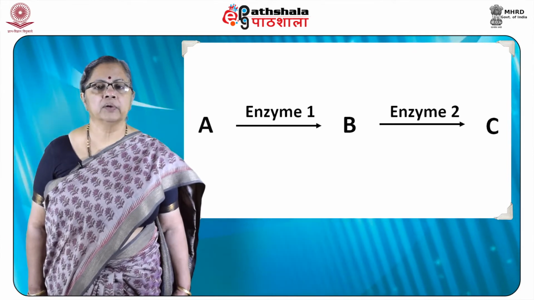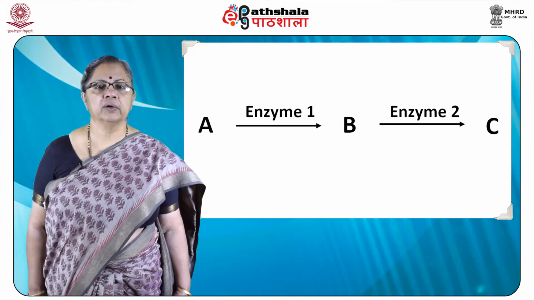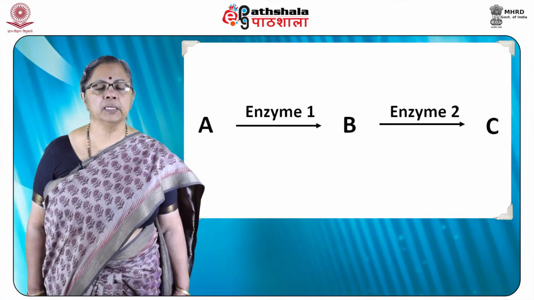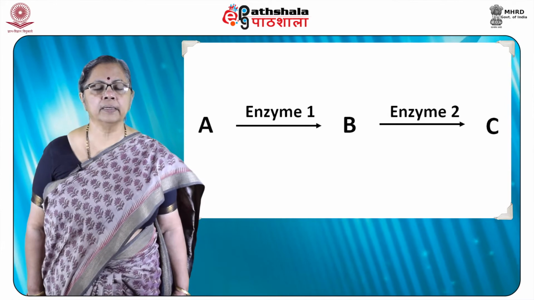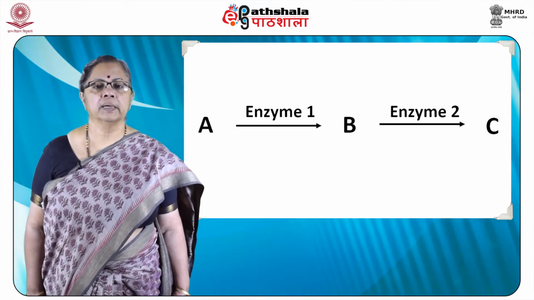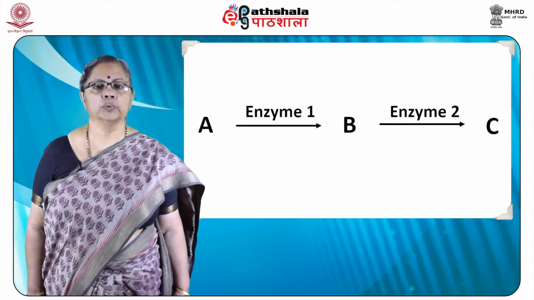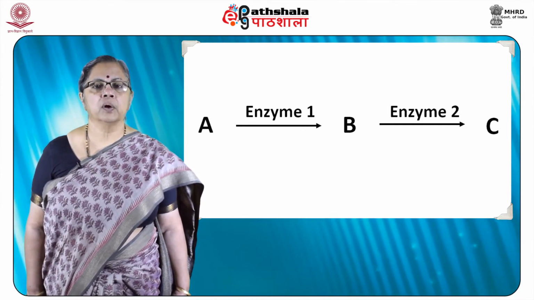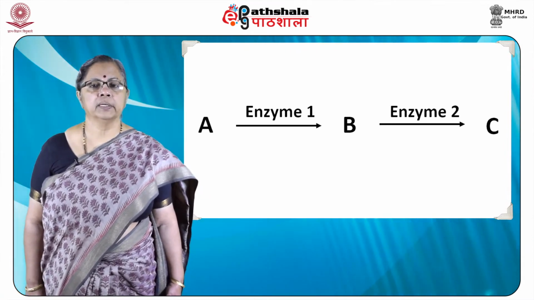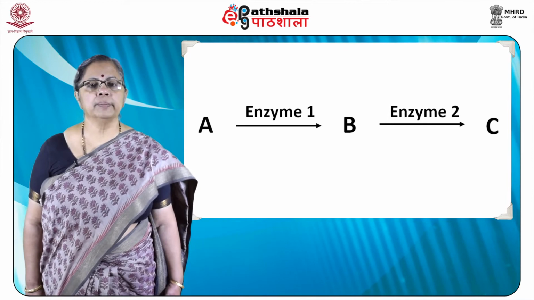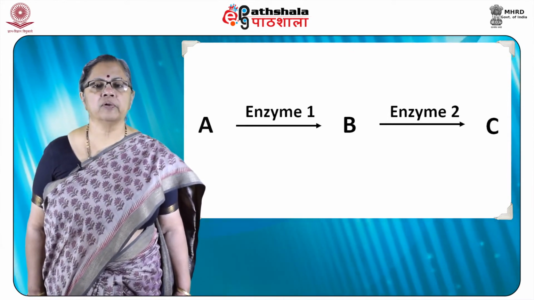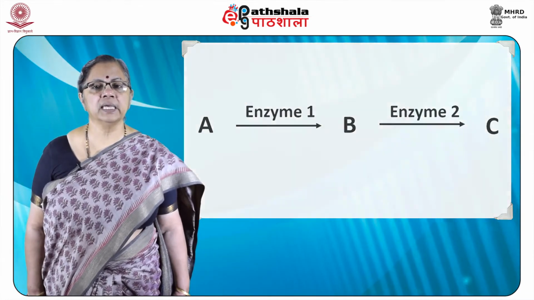The scheme for such a coupled assay would be A, which gives rise to B by the first enzyme 1, and B giving rise to the product C by the second enzyme 2. The measurement of the unstable product B could be avoided by measuring the more stable product C, as long as the stoichiometry of B and C is equivalent.